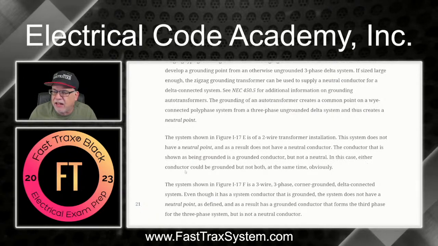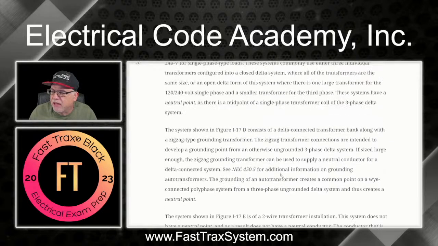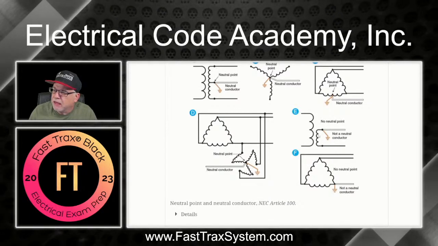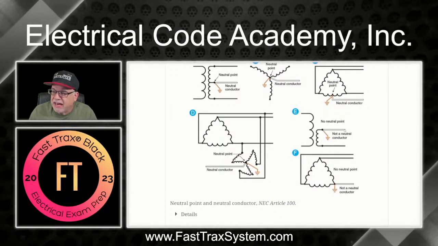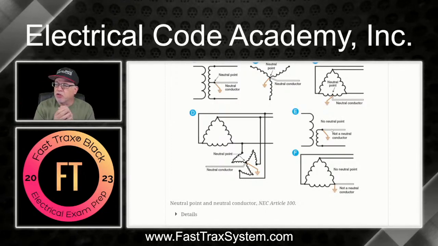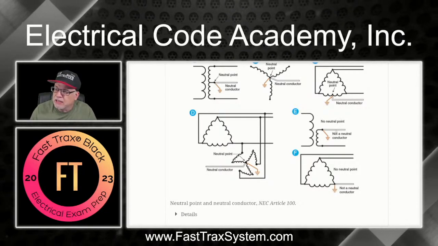In this case, either conductor could be grounded, but not both at the same time, obviously. So it doesn't matter which one of these is grounded. This one just happens to be grounded. That creates the grounded conductor in this scenario. But you don't want to treat this conductor as a neutral. It is grounded.